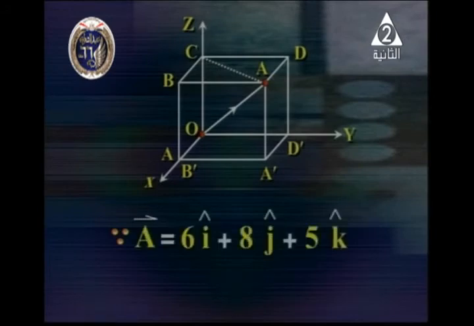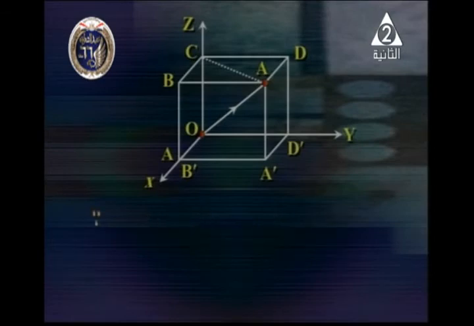Dear student, we have a vector 6i, 8j, 5k. Why? We have 3 dimensions, x, y, z. The vector A, its component in x is 6, in y is 8, in z is 5. Then we put vector A as 6i plus 8j plus 5k.